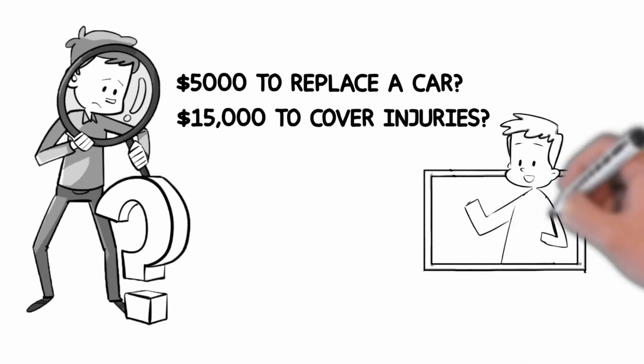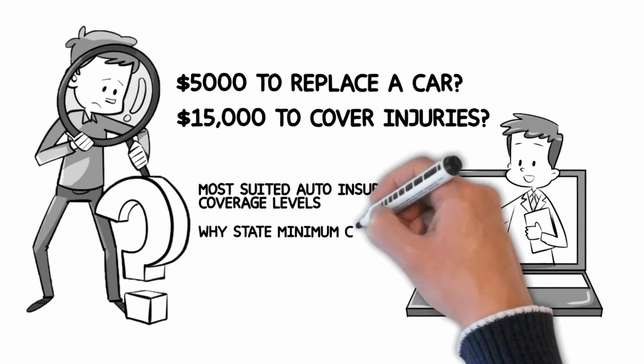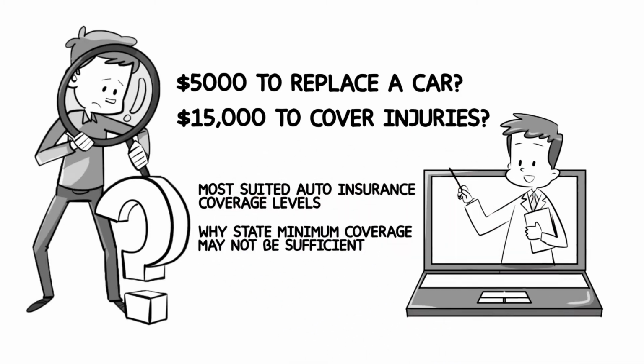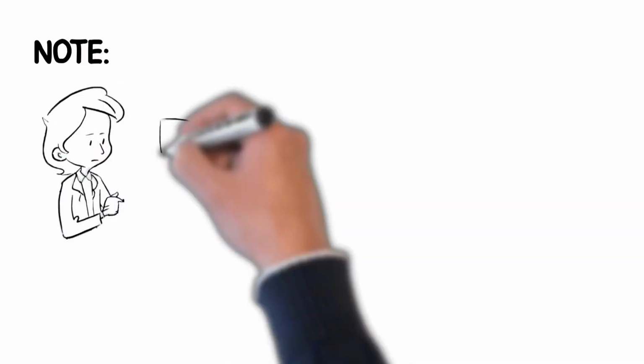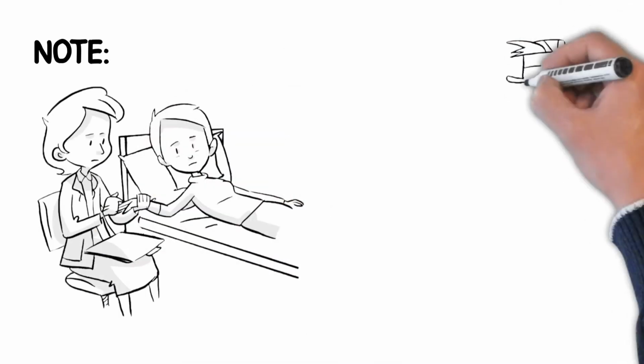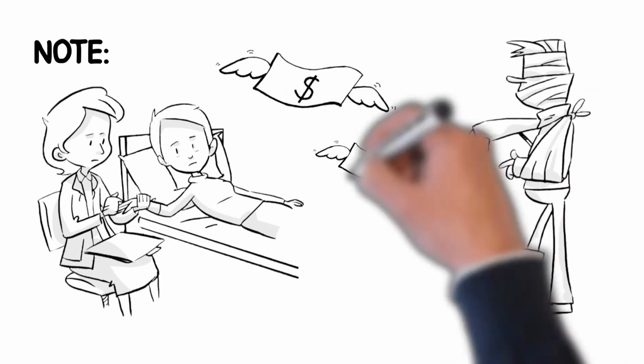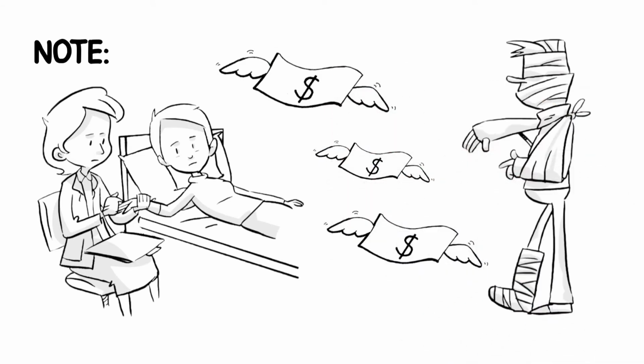In another video, we discuss guidelines on how to select the most suited auto insurance coverage levels, as well as why state minimum coverage may not be sufficient. Take note, liability insurance only pays for the other person's injuries and damages to their vehicle, so having only liability insurance means you'll be paying for your medical expenses and/or repair damage to your vehicle.